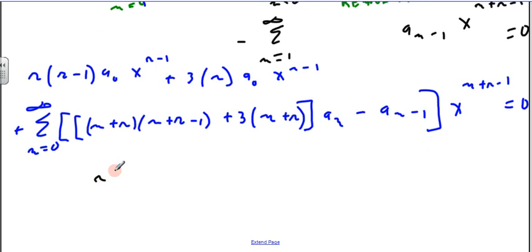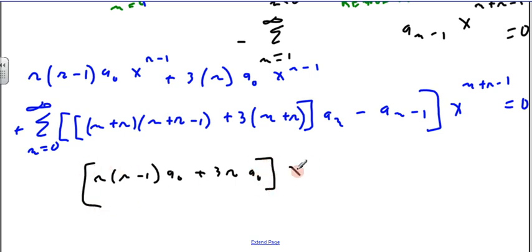So r minus 1, a 0, plus 3r a 0 times x to the n minus 1 has to be 0.